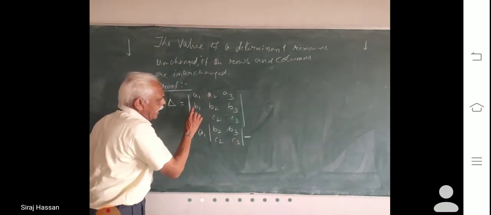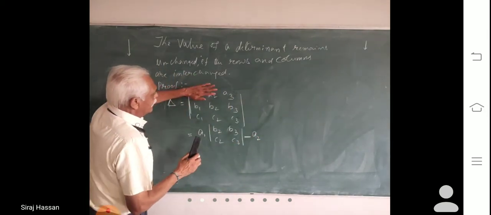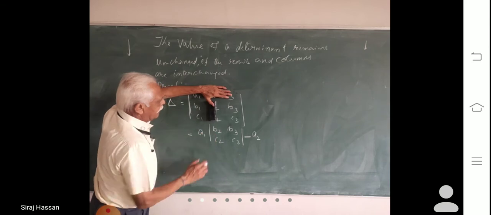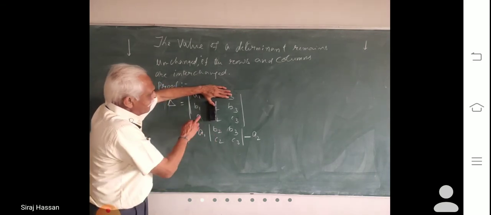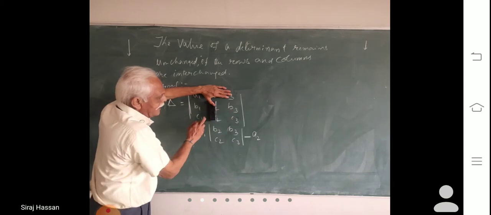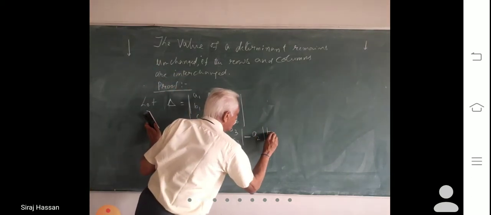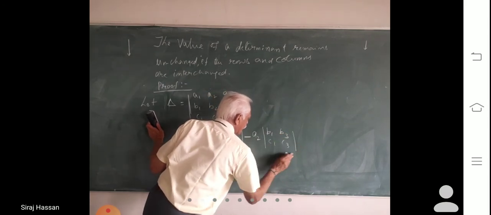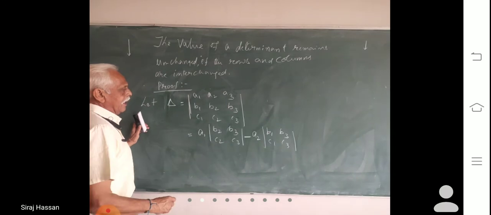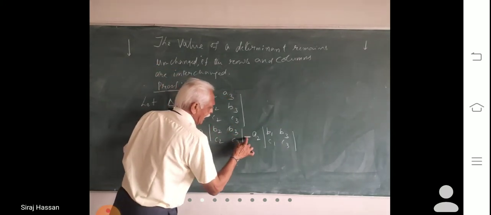Then, for the second expansion with the second term, put one minus. What is the element we have? A2. Eliminating the row and the column in which that exists, what are you left with? B1, B3, C1, C3. And then the third element, this is plus, minus, then plus.